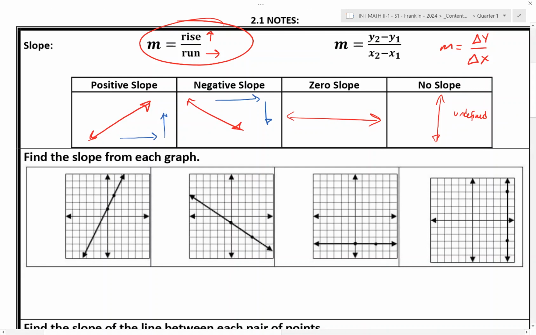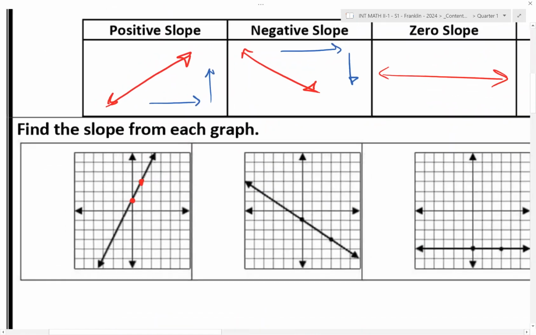So this first one, we have 2 points already marked on the line. So between those 2 points, we count up, and that's a rise of 2. And then we count over, and that's a run of 1, so 2 over 1. And you can reduce that, simplify it to 2.